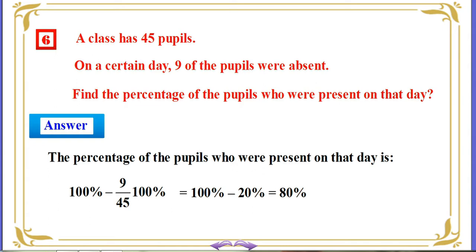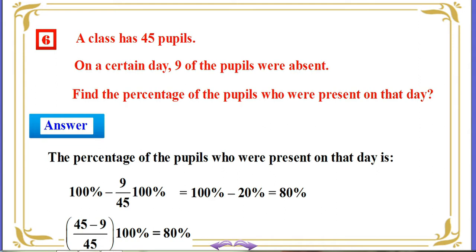The second way: you take 45 divided by 9, and then you have the number of people who were present. After that, you find the percentage of people who were present by taking the people who were present over the total number of people and multiplying by 100%, and then you have the same result.